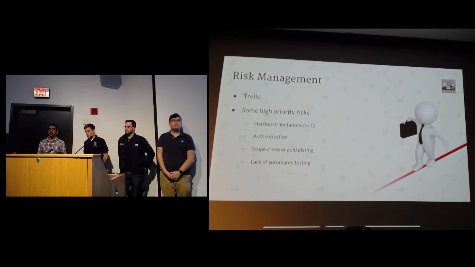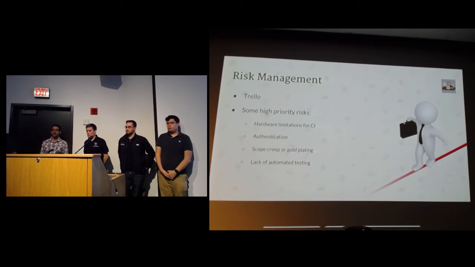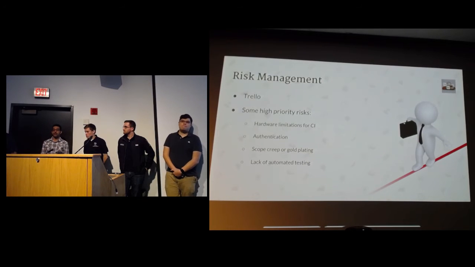Some of the notable high priority risks that we encountered throughout the project were issues with hosting our project. Getting a VM with enough RAM to host our project proved to be an issue throughout the project. Authentication, of course, as mentioned earlier, proved to be a bigger technical challenge than we expected.